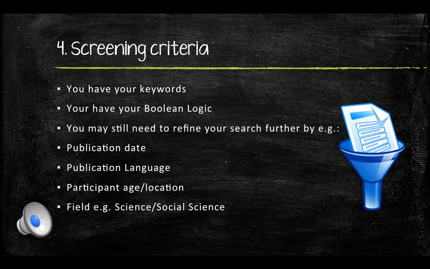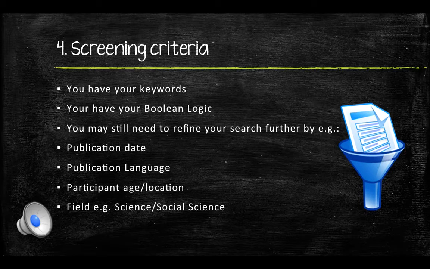Or you could say that you are only including journal articles that are in a particular publication language, which probably will happen anyway. Or you could refine it further by saying that you're only going to look at studies that use exactly the same demographic that you want to use for your personal project.